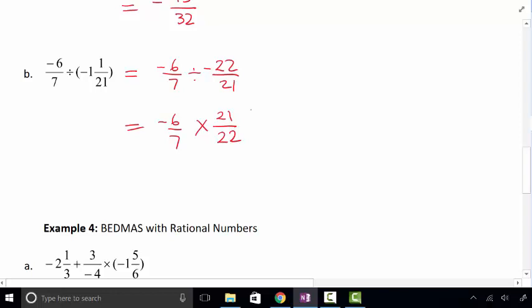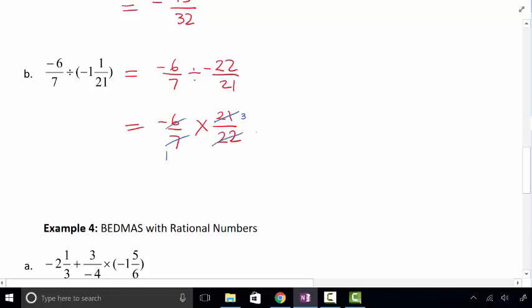Now again, before I multiply across, it's easier if you just reduce right now. So any number on top, any number on the bottom, when you do multiplication, you can take a look if they can reduce. So these two can reduce by dividing both of them by 7 to get 3 and 1.